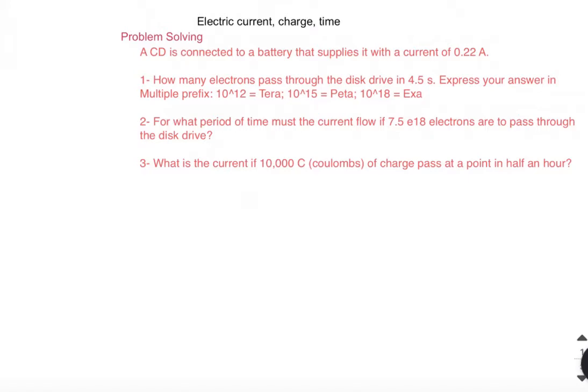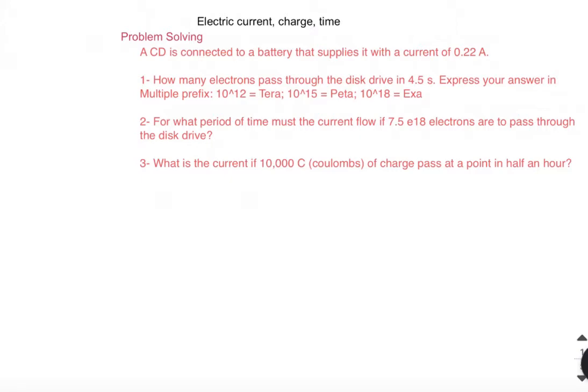As it says, we have to use the multiple prefix, so the closest to 18 is exa. So we write it, 6.2 exa electrons. That's the first one. So let's move to the second question.